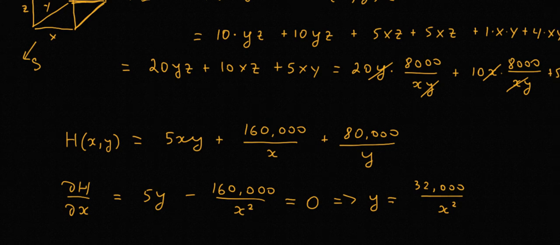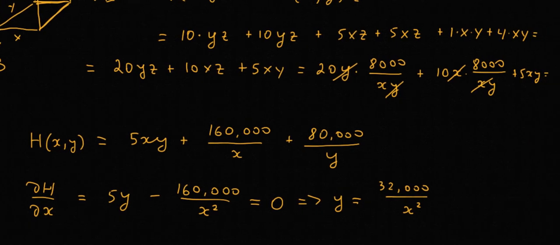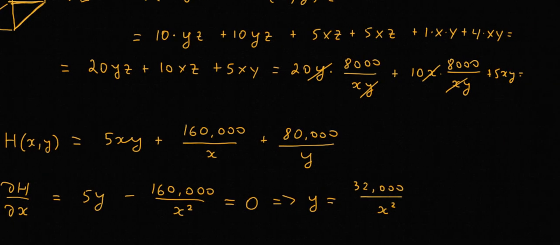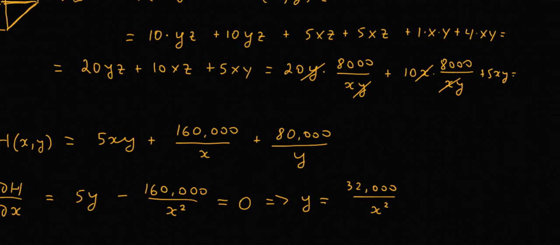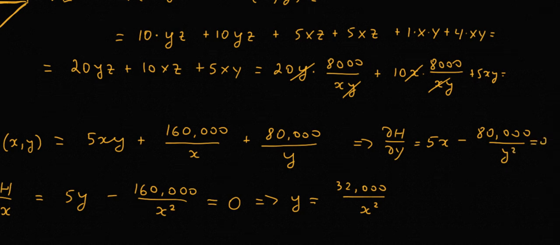Likewise, let's differentiate with respect to y and set the partial derivative equal to 0. dh dy equals 5x minus 80,000 divided by y squared. We want this partial derivative equal to 0 as well.